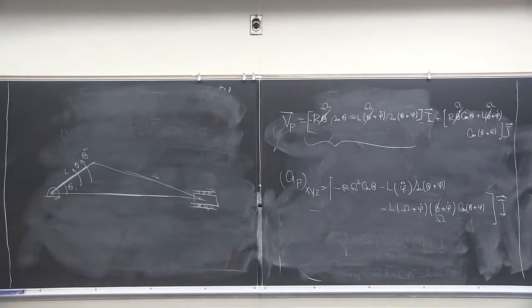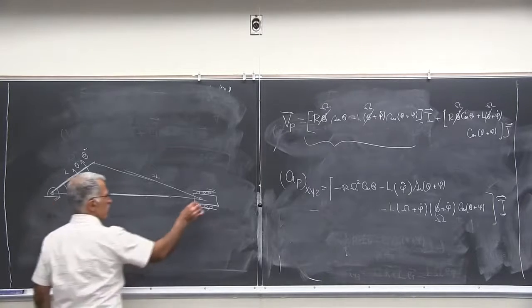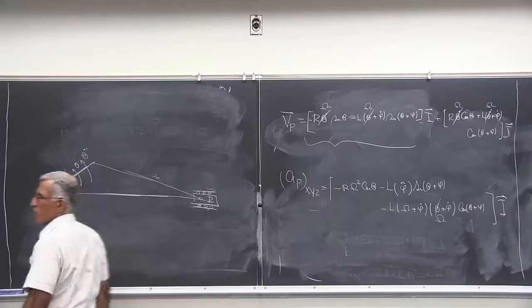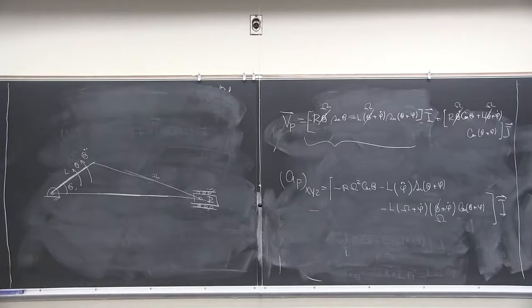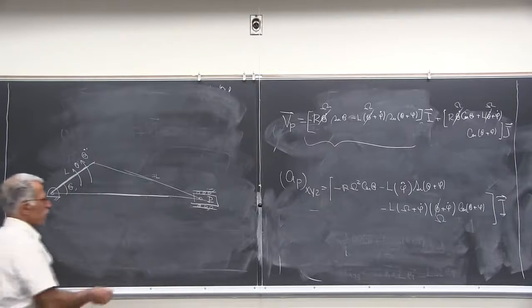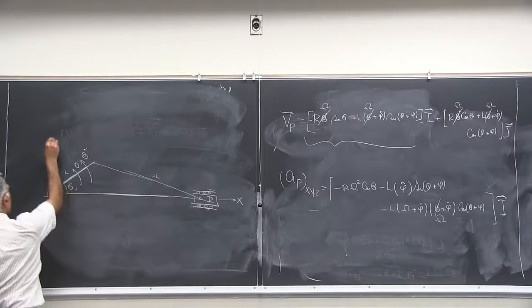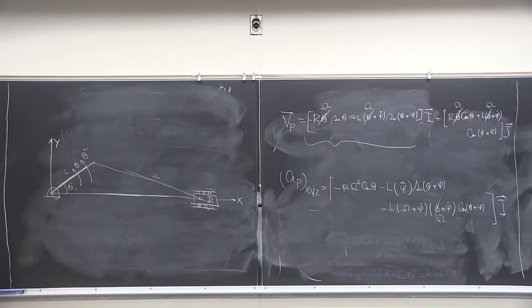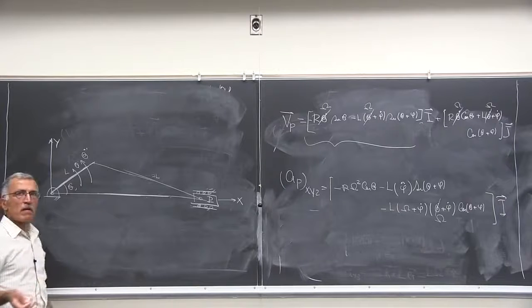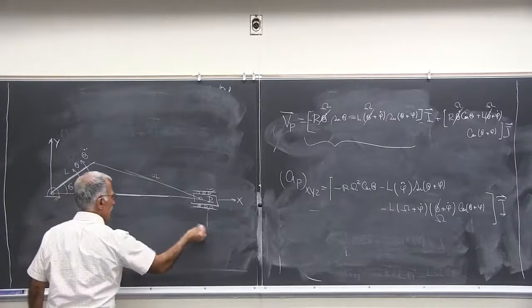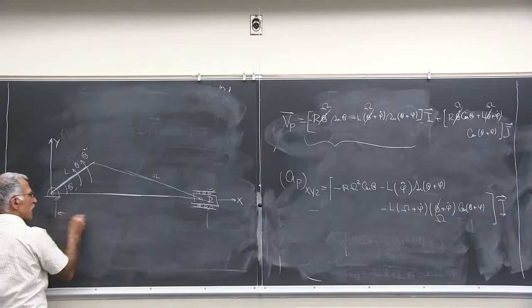And we ask you, what is the velocity of this piston, velocity at point P, and what's the acceleration of point P with respect to the main reference frame, which is capital X and Y. So you can say no problem, this piston is only moving in the X direction, and the only thing that I have to describe is this distance as a function of theta at any time.